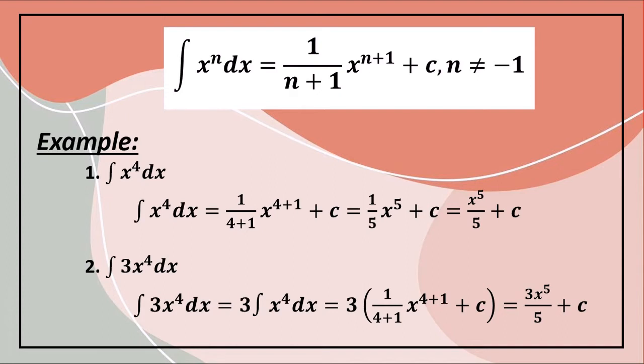Apply the power rule. 3 times 1 over 4 plus 1 times x raised to the power of 4 plus 1 plus c. So it equals 3x raised to the power of 5 over 5 plus c.